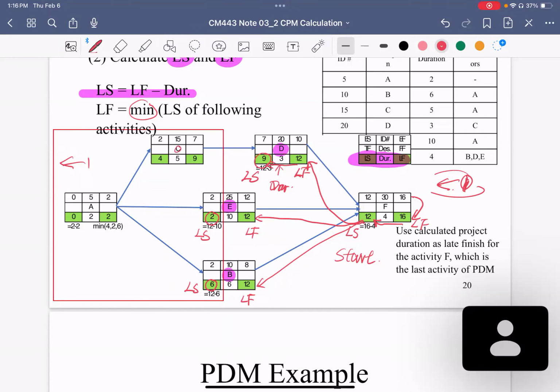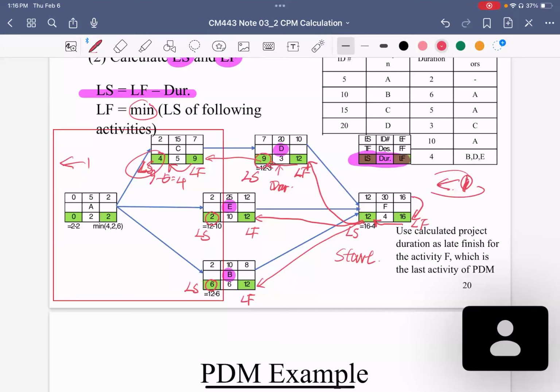Now we come to C. The late finish time for C comes from this 9, because C has only one following activity, which is D. Then 9 minus 5, you get 4, which is the late start time here.